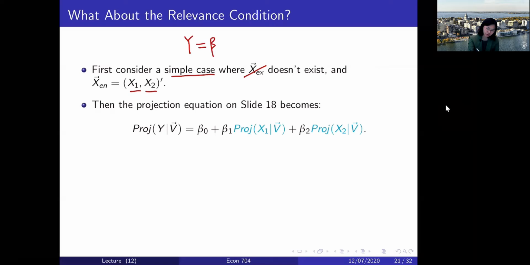So the causal model is beta 0 plus beta 1 x1 plus beta 2 x2 plus u. If you do a projection of y on V, you're going to get beta 0 plus beta 1 projection of x1 on V plus beta 2 projection of x2 on V plus projection of u on V, but the projection of u on V is 0 because V is exogenous.